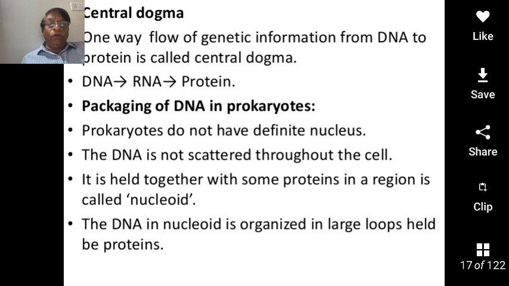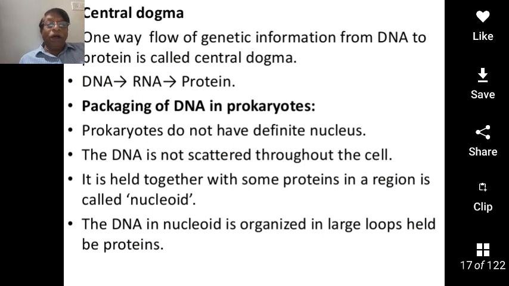In prokaryotes, for example bacteria, the negatively charged DNA is held with some positively charged proteins and forms a coiled, loop-like structure called nucleoid.